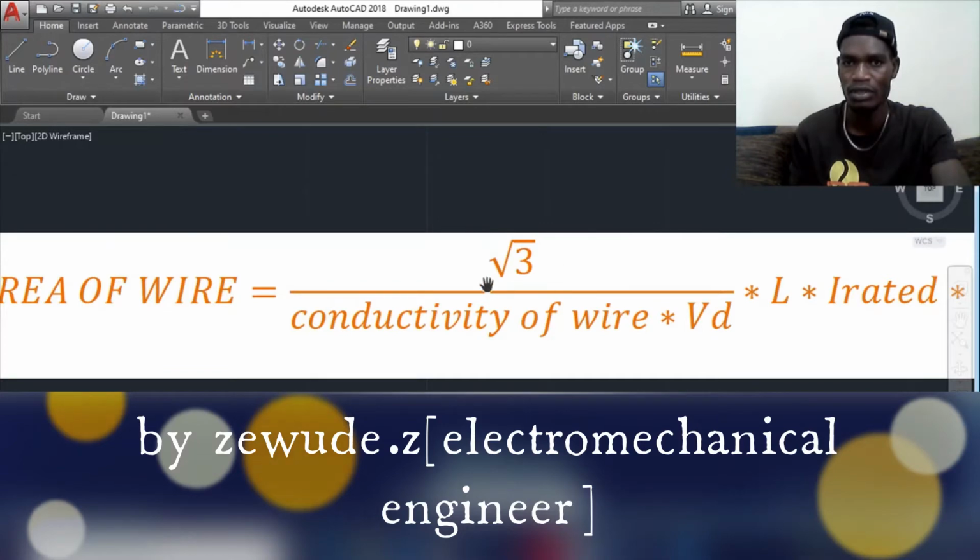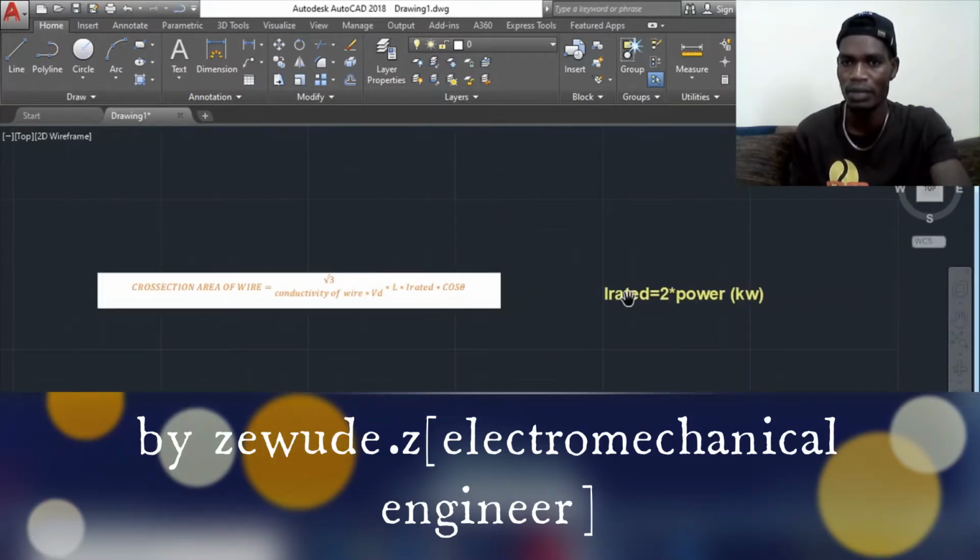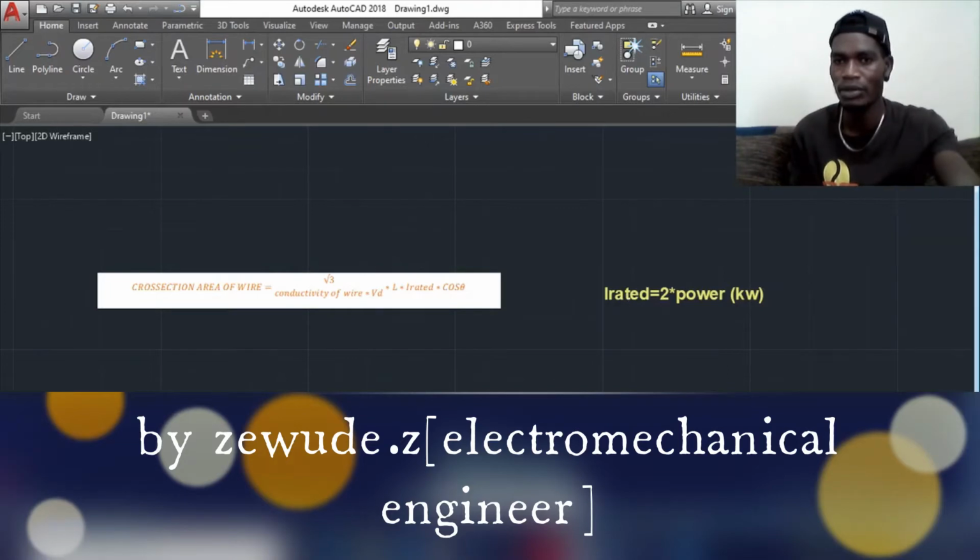What does this root 3 mean? Root 3 tells about a 3-phase power system. So the 3-phase power system, as you know, let me show you.